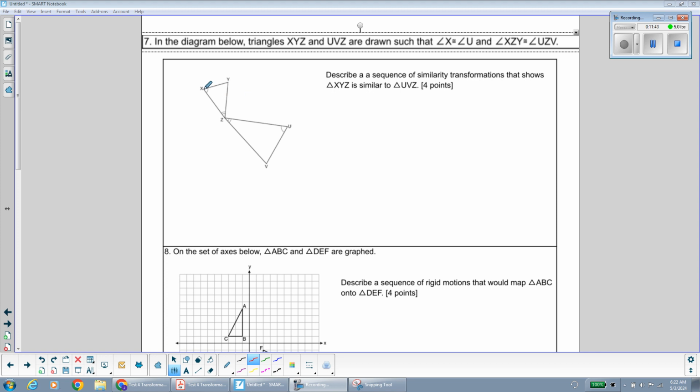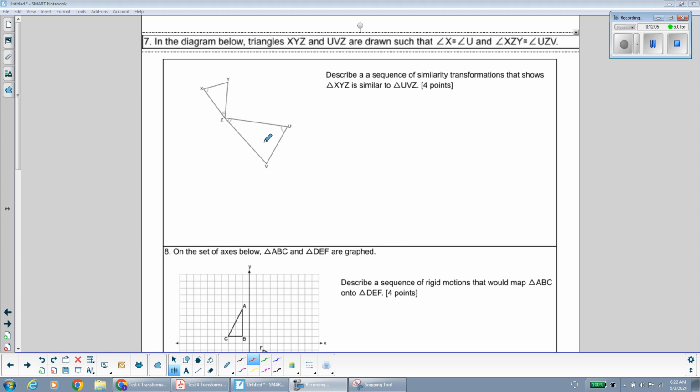We want to make y come over here to v because y and v match up. We want to make x come over here to u because x and u match up. So we need to turn the shape, which is a rotation. And then we need to dilate it because we need to make it bigger, right? These are clearly different sizes. We need to make them the same size.